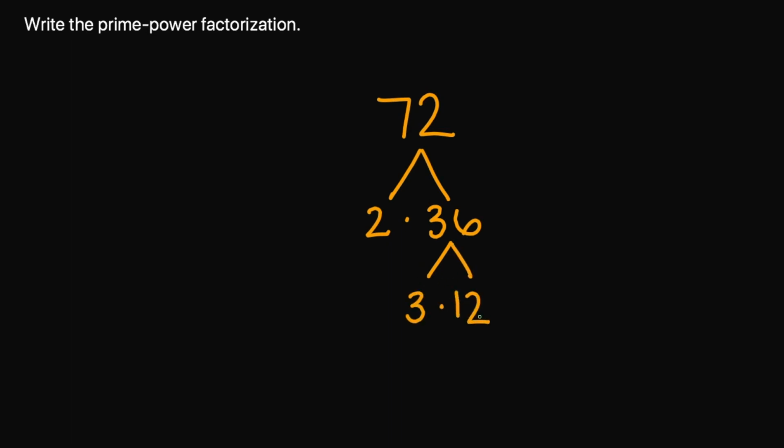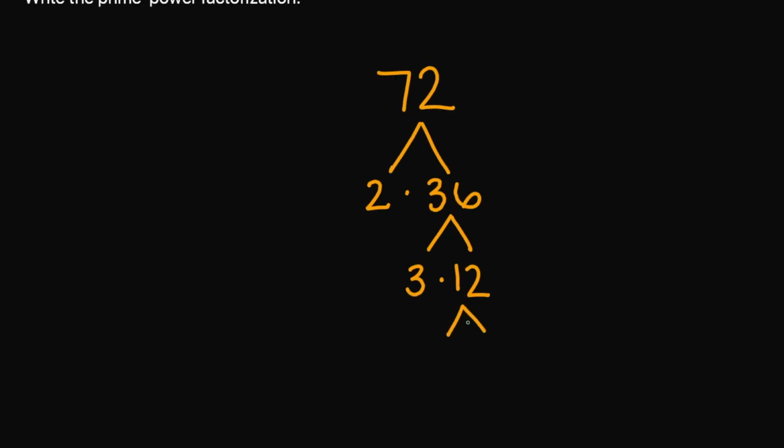Let's try the number 72. I can factor my 72 into 2 times 36. I can continue factoring my 36 into 3 times 12. My 12 can be factored into 3 times 4, and my 4 can be factored into 2 times 2.